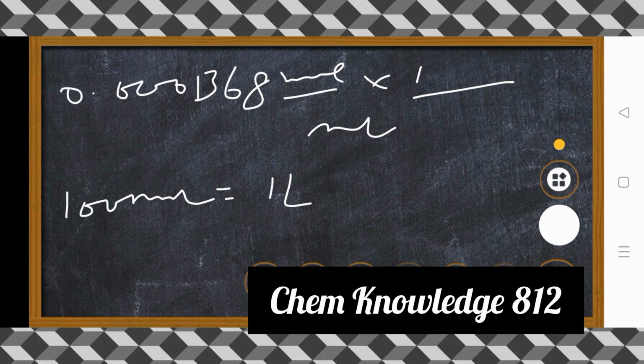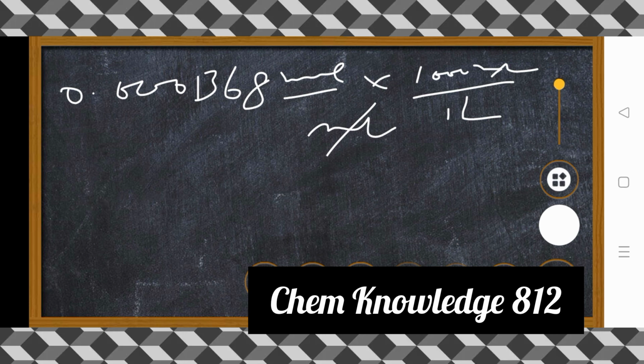So ml in this case will cancel with each other, and we will get here the value 0.000138.